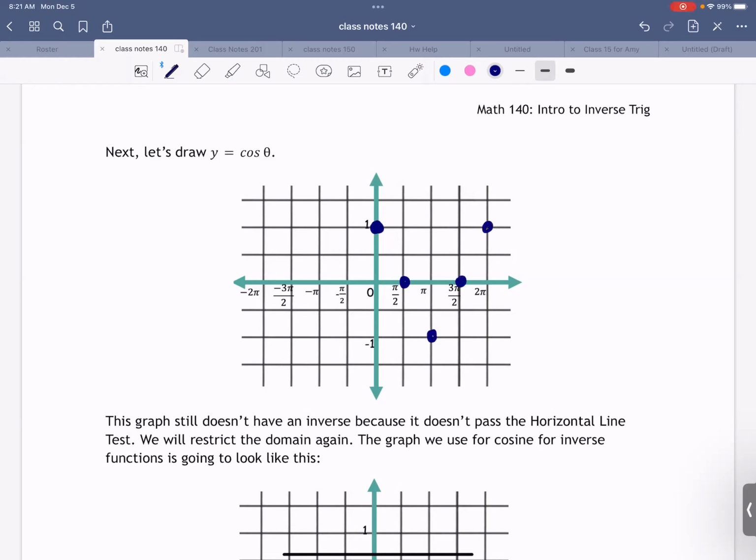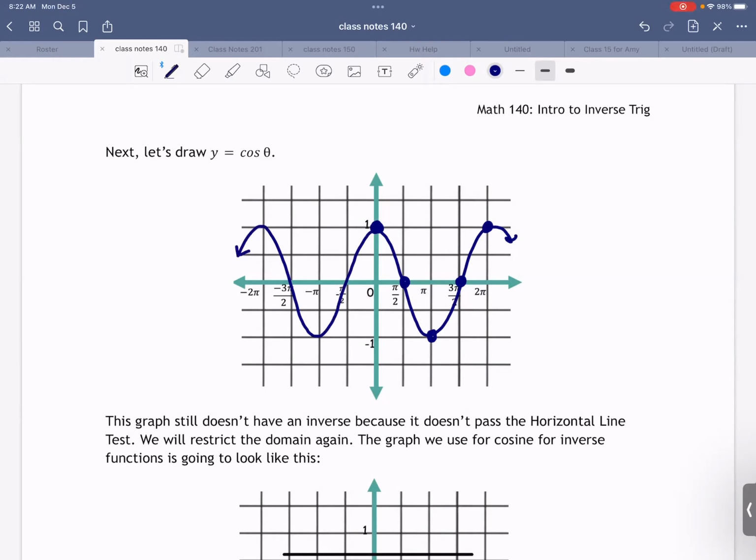Perfect. So cosine's the function that kind of looks like a U, right? It goes down, and then it goes back up. And if you look at the left-hand side, it's literally just going to be a copy of the right-hand side, so you don't have to be too precise here. But if I were to figure out what it looked like on the other side, it would look like this.